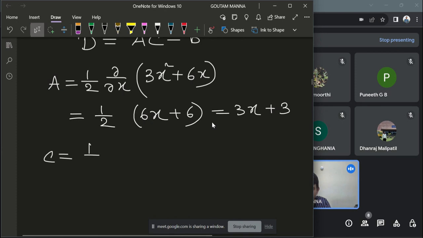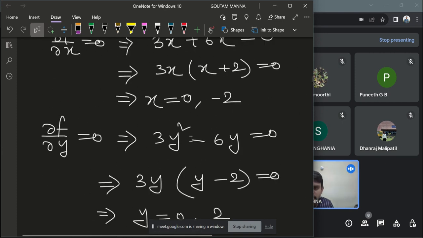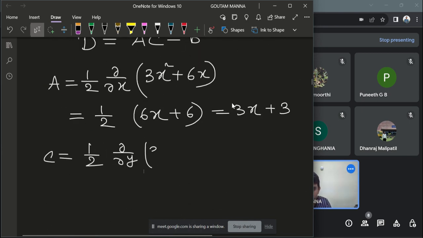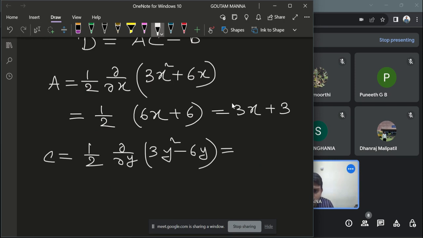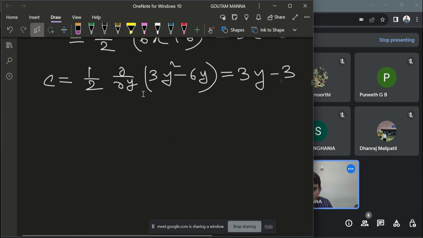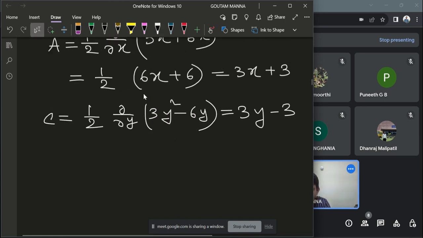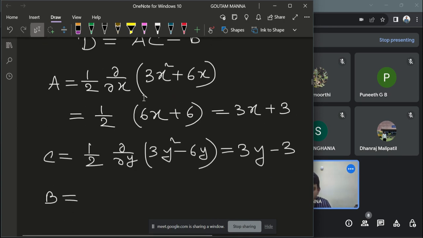C will be half of del y of del f del y. Del f del y is 3y square minus 6y. So this is half of 6y minus 6, which is 3y minus 3. And B will be half of del x of del f del y.